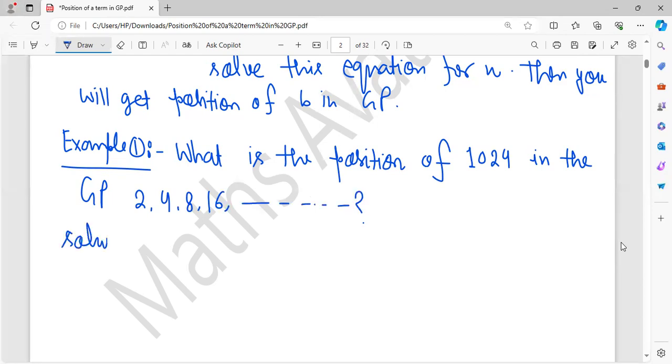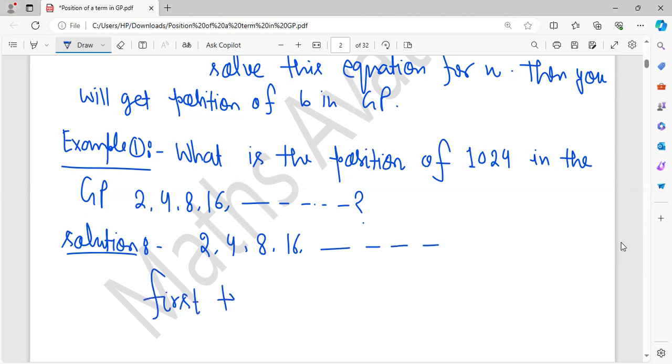Solution. The GP is given: 2, 4, 8, 16. Even if it is not written that this is a GP, you can still check whether something is in GP or not. What is the first term?